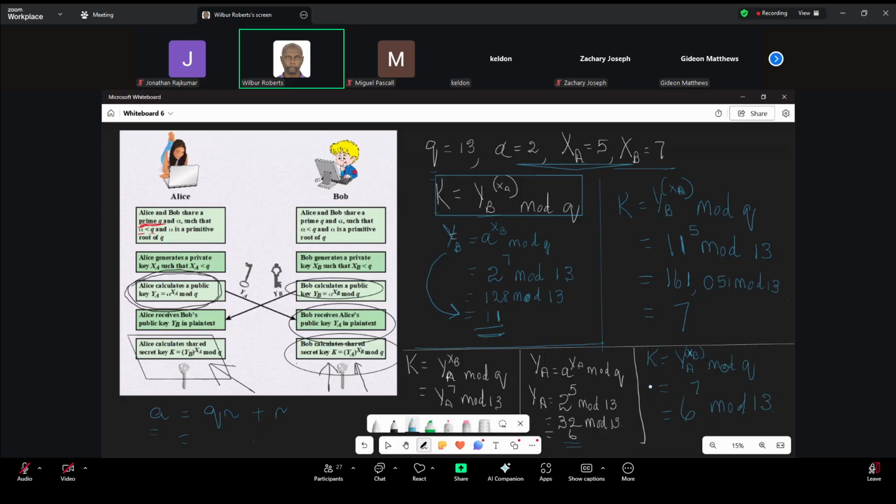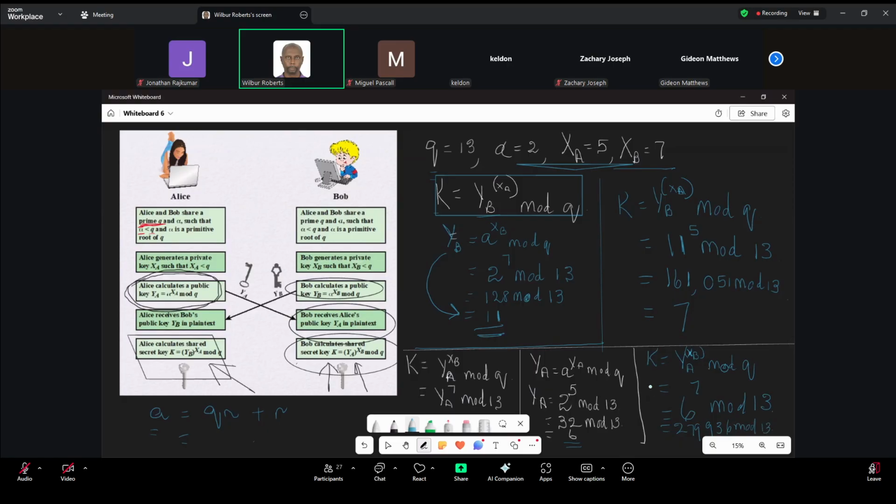And 6 to the power of 7 is what? That is 279,936. So 6 to the power of 7, 279,936, is equal to 279,936 mod 13.